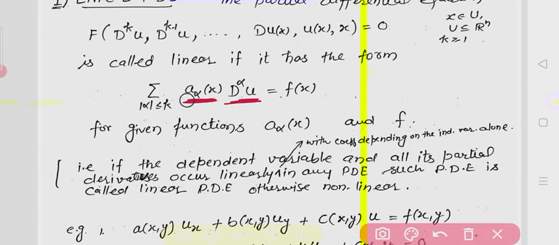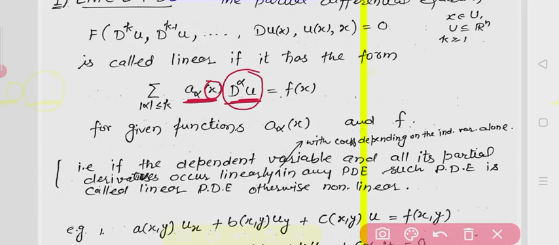These coefficients depend only on the independent variables, not on the dependent variable. And all these partial derivatives are linear, that means they should be of power 1. So this type of partial differential equation is known as the linear partial differential equation.